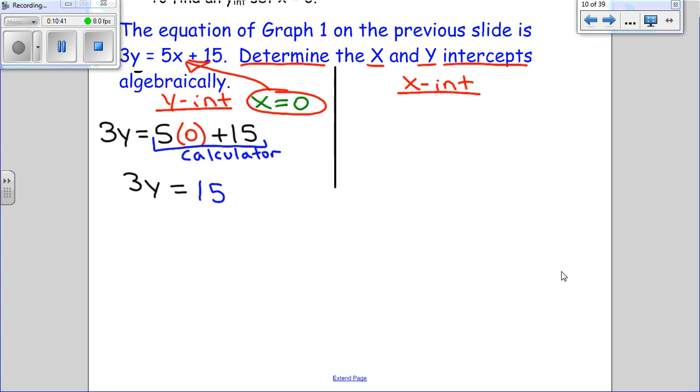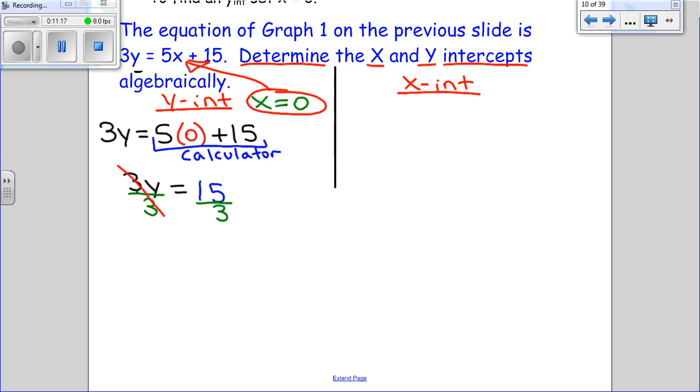Exactly. So if you look at this thing, you have to ask yourself, how is this 3 attached to this y? How are they connected mathematically? If there's nothing in between them, that means they're multiplied together. To get rid of something, you have to do the opposite. The opposite of multiplying is divide. So you divide both sides of your equation by 3. When you do that, the left side of the equation cancels out.